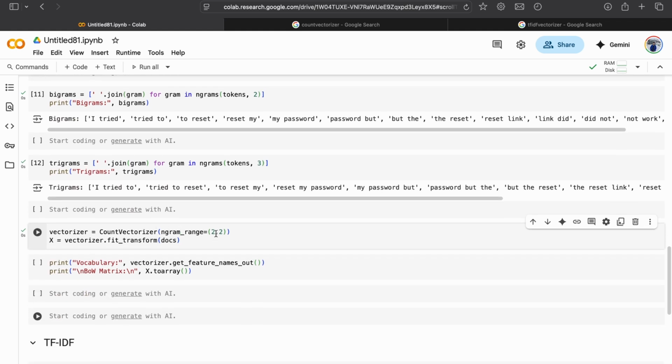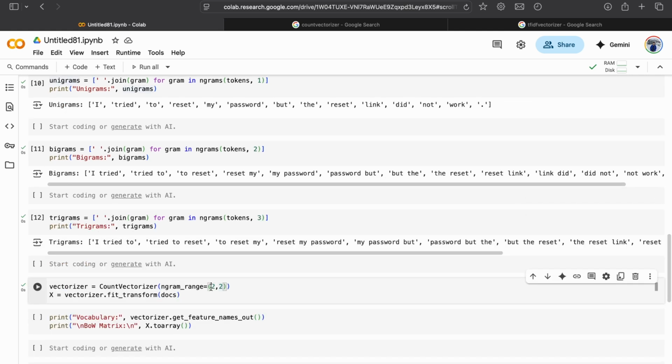To use the bigram, you need to give the ngram_range parameter. In this parameter, you provide the range of n-grams to use, with the starting and end of the n-gram. Here we are saying the starting is 2 and end is 2. That means it will only show the bigram.